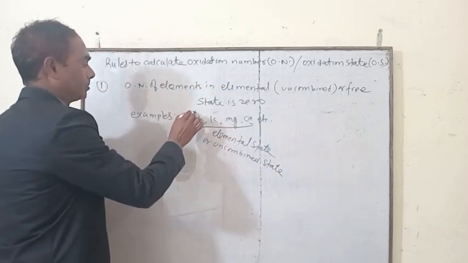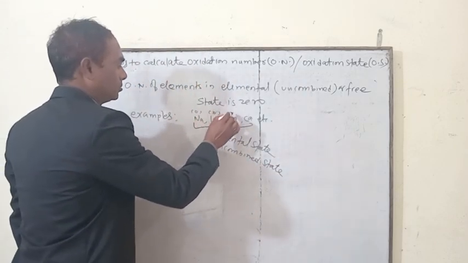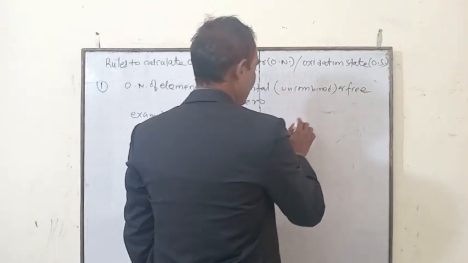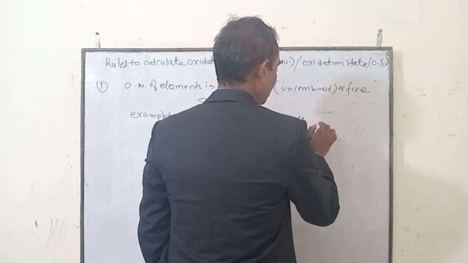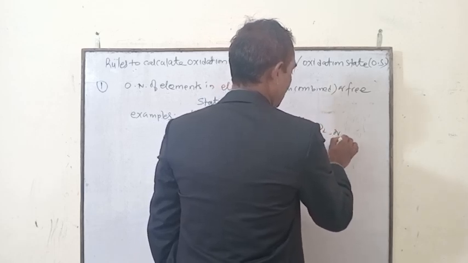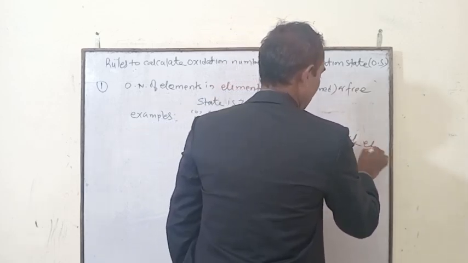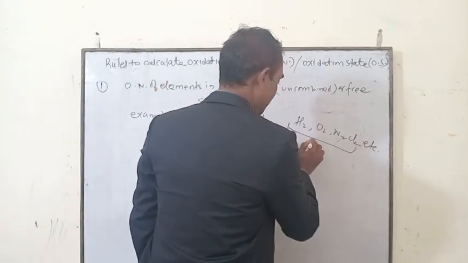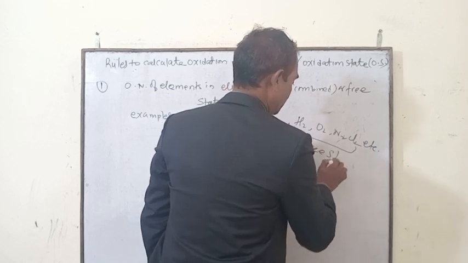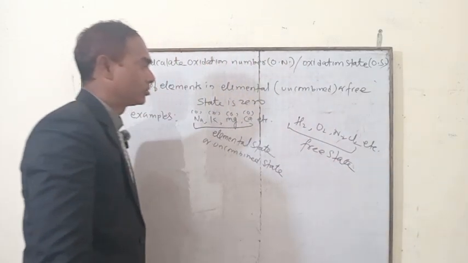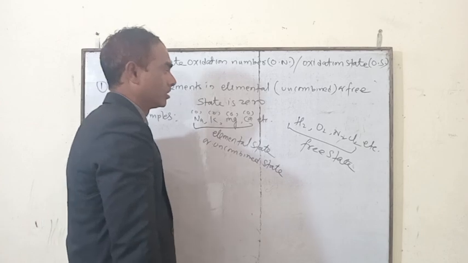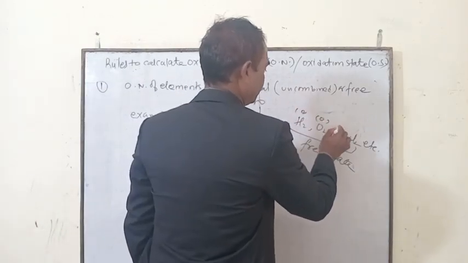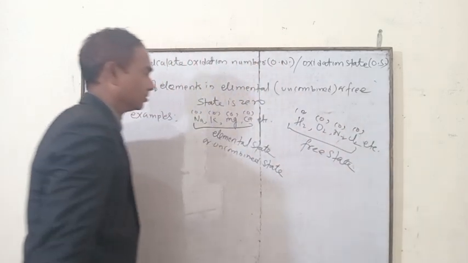Oxidation number of sodium is 0. In the same way, hydrogen, oxygen, nitrogen, chlorine, etc. are in free state. In this situation, oxidation number of hydrogen, oxygen, nitrogen, chlorine will be 0.